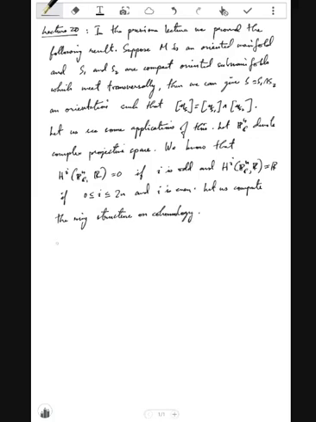So before that we want to prove this proposition. Every complex manifold is orientable as a smooth manifold.